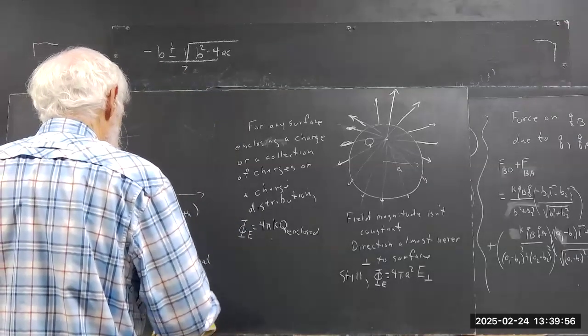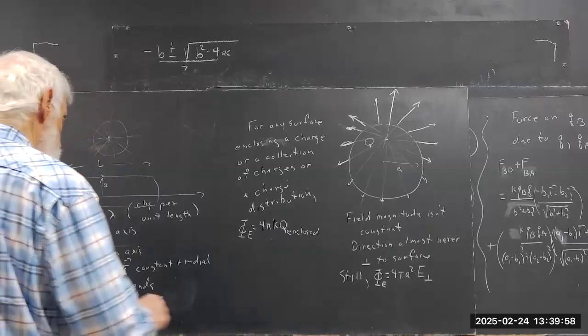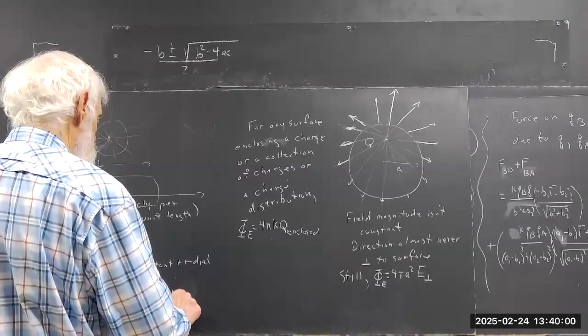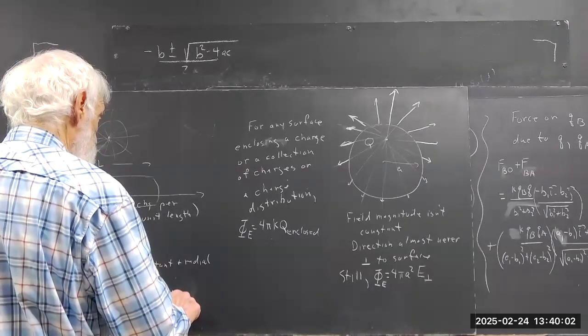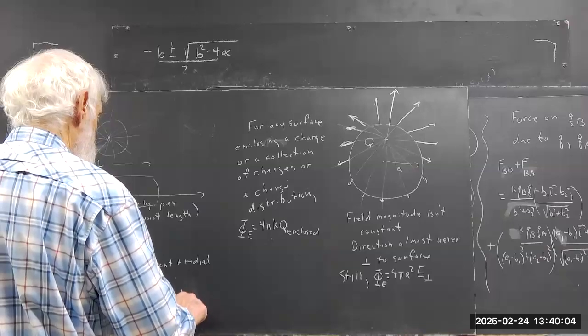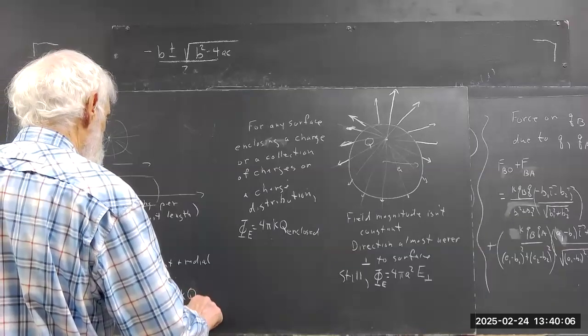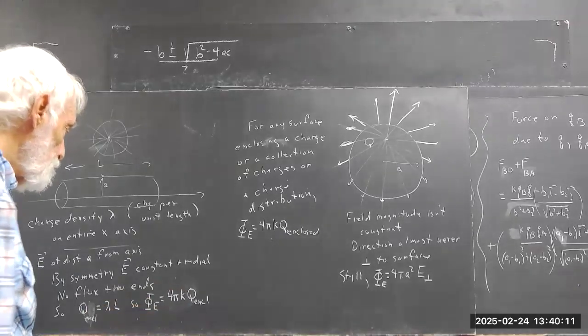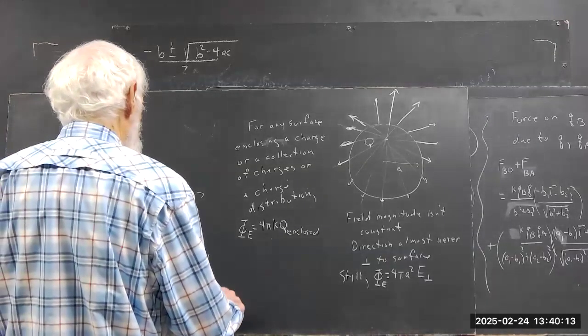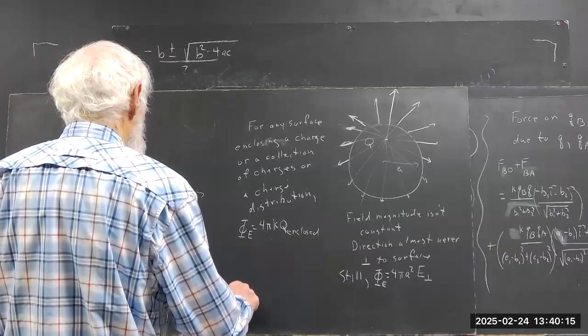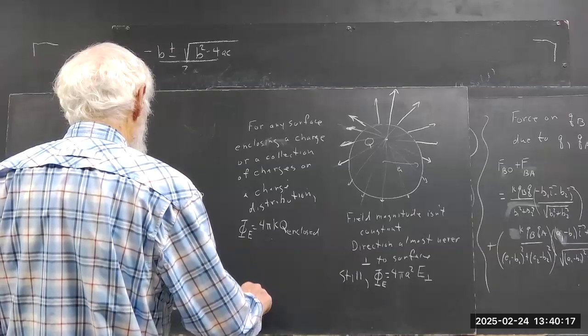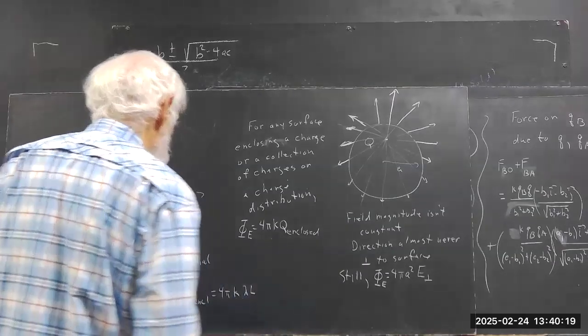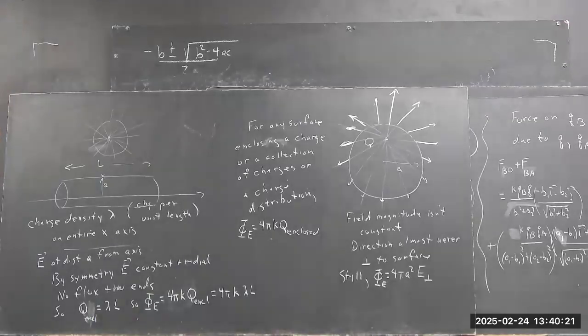There. 4 pi K, Q enclosed, which is 4 pi K lambda L.